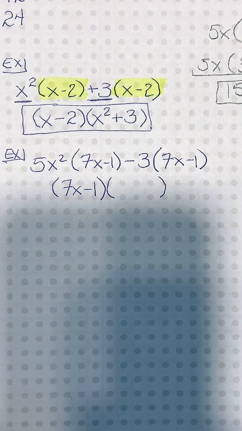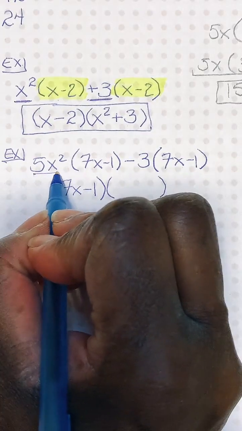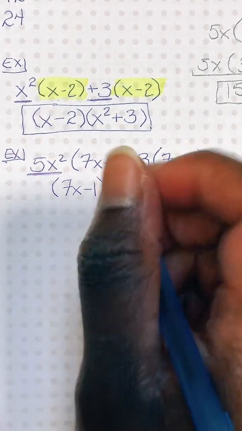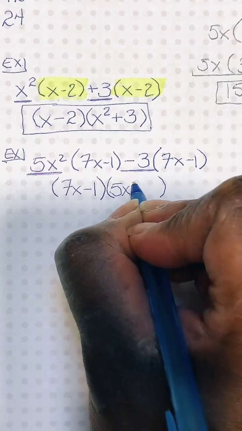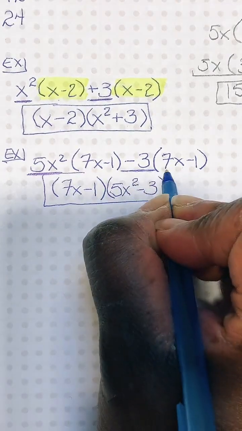Everything that's not inside a parenthesis, we're going to compile into one parenthesis. So you have your 5x squared minus 3.